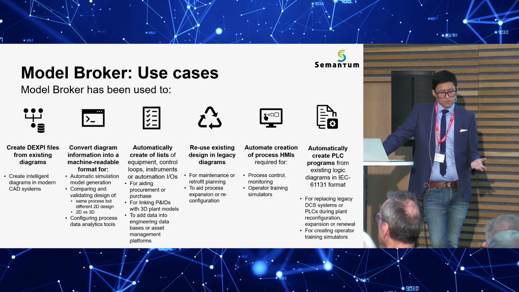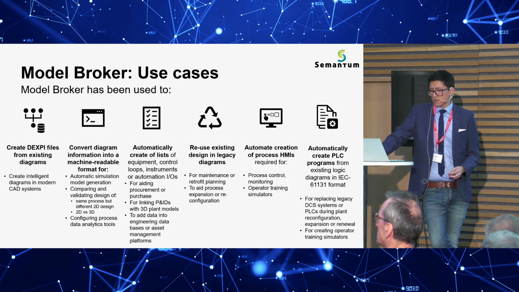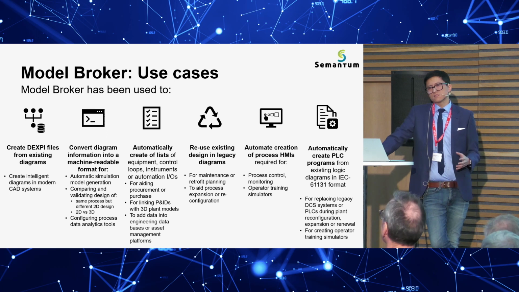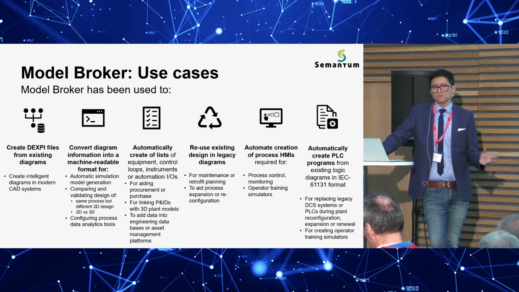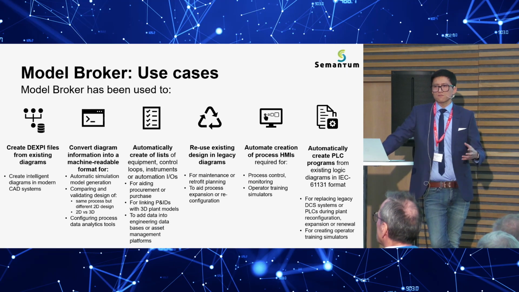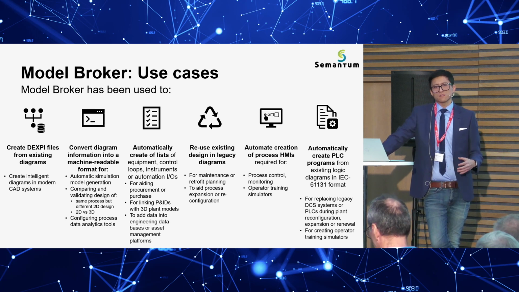Also, many customers want to link the 2D with the 3D to do this 3D digital twin, so it is possible to do that. It's also possible to enrich the information from the PNID using other data sources. EPCs want to reuse the existing design material, and for any kind of plant renewal or control application renewal, they would also want to have their brownfield diagrams digitized.